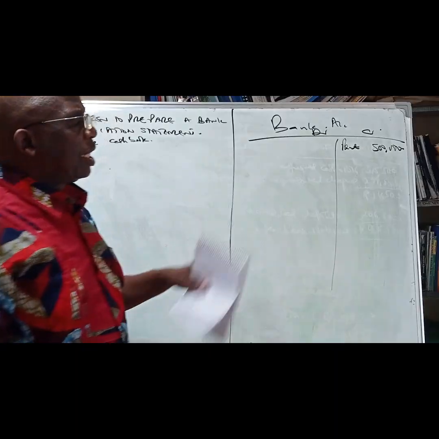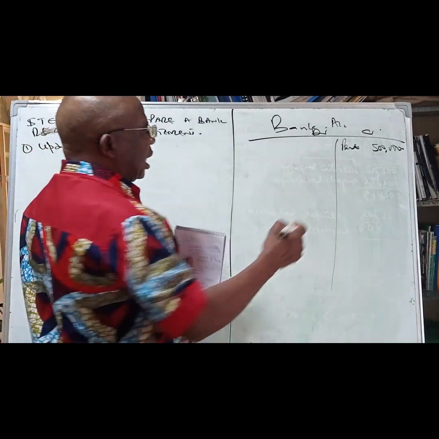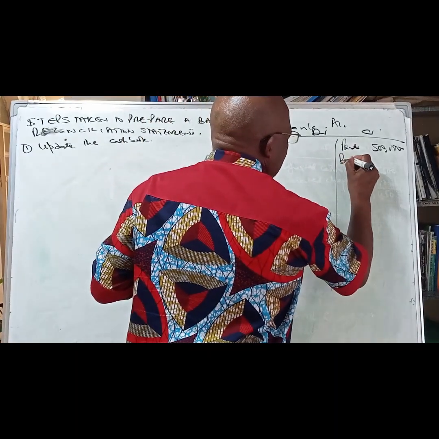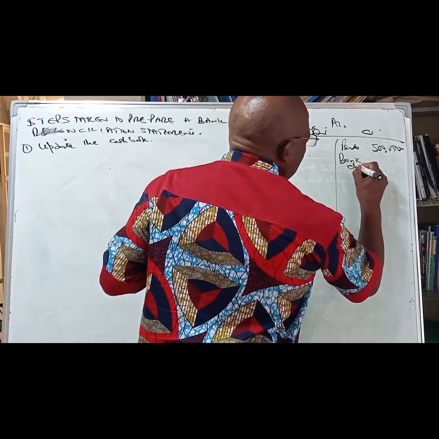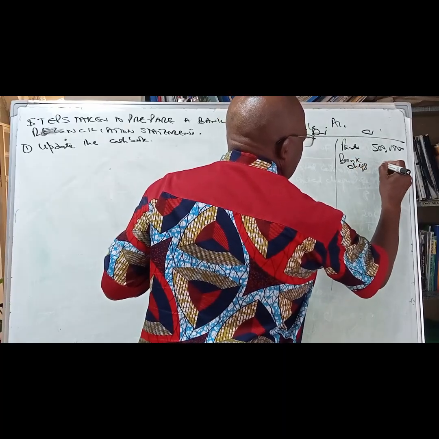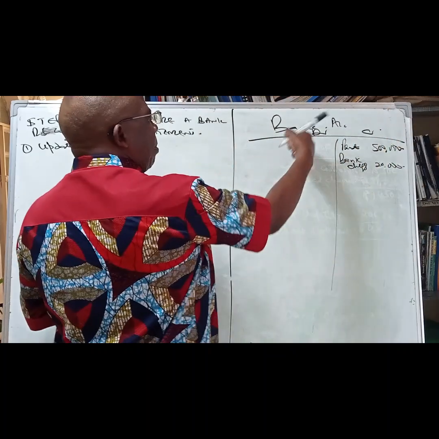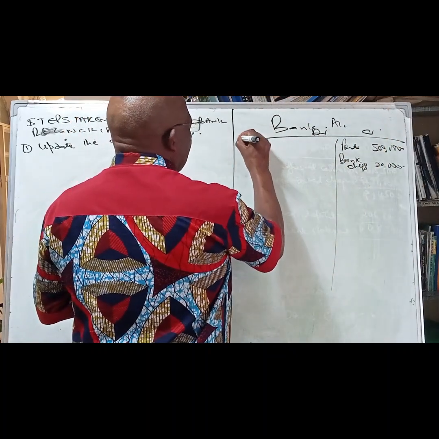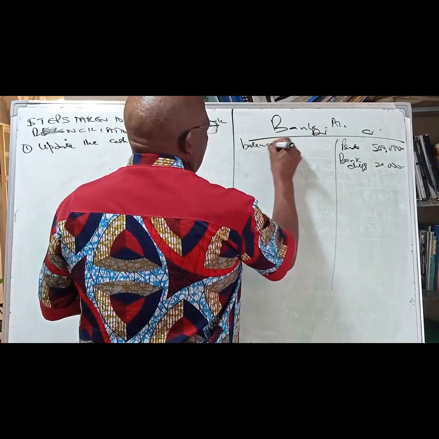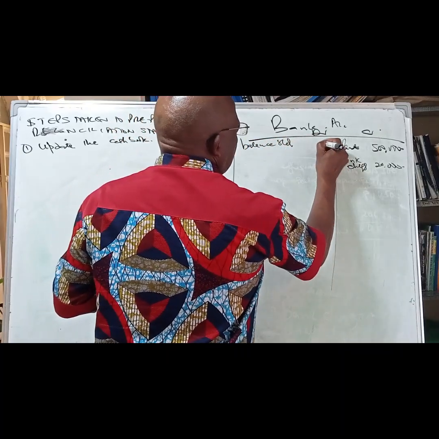If they have paid bank charges, we will say bank charges, maybe 20,000. Remember, you will always be given the balance in the question.